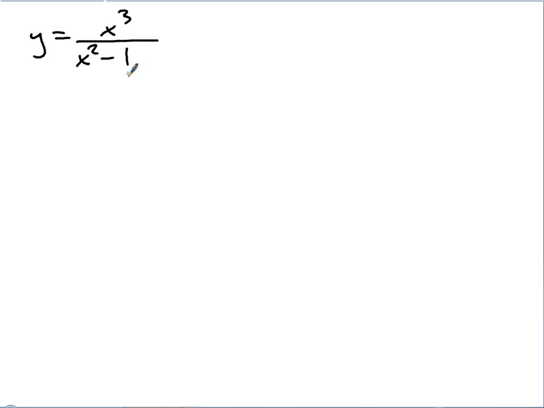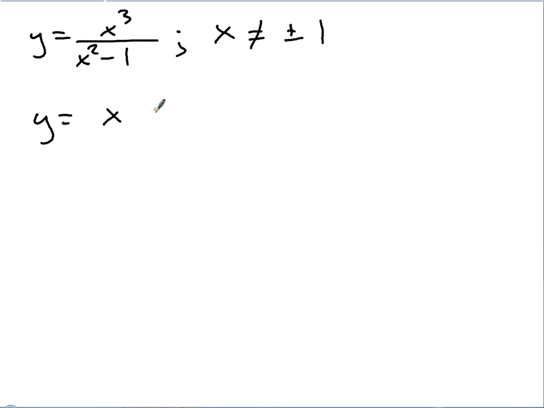Okay, and so we had figured out that the domain was x not equal to plus or minus 1, right? We divided it out. We went through that process of dividing it out, remember? And we said that this is equal to, if we divide it out, x plus, what was it?